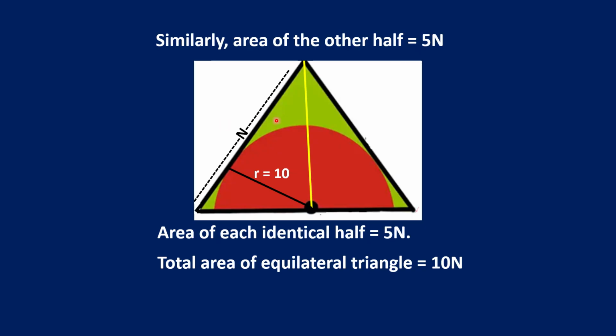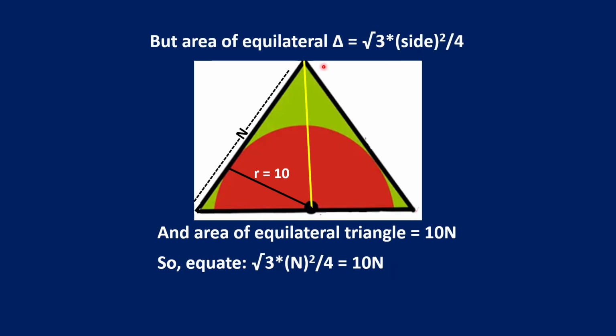Similarly, the area of the other half would also be 5n, because we divided the triangle into two equal halves. Or you can draw another radius, and again half base into altitude will give you 5n. So left side 5n, right side 5n, so the total area of the equilateral triangle would be 10n.